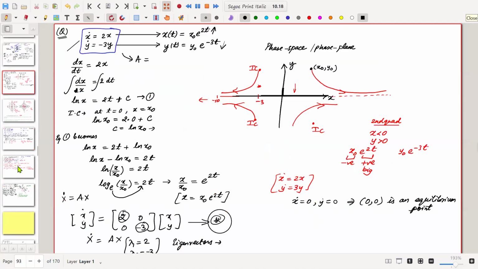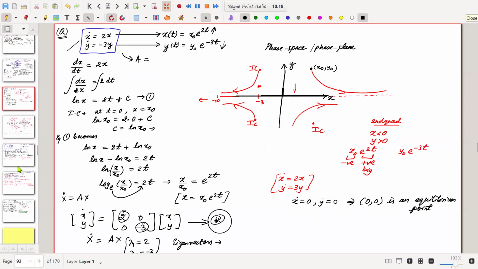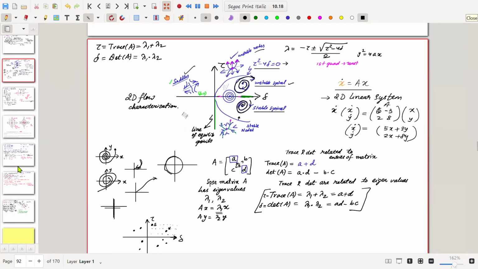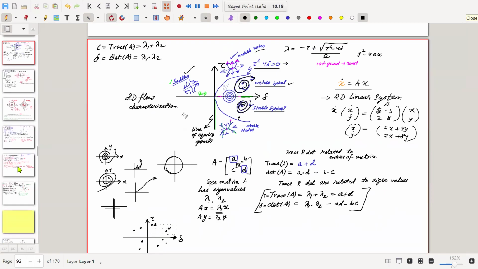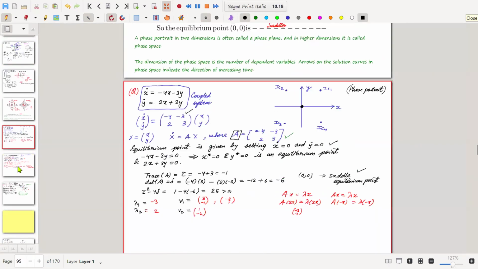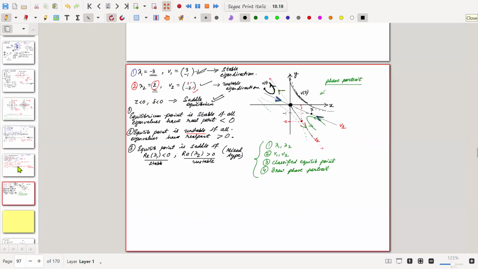What we discussed in the last class, let us start from here somewhere. Maybe I have given you this idea, so you should remember it. An equilibrium point is stable if all the eigenvalues have real part less than 0, right?